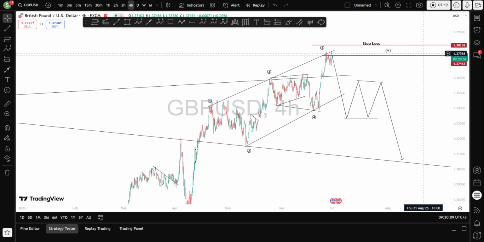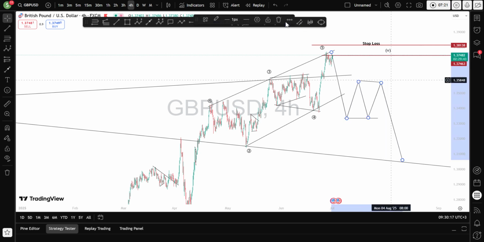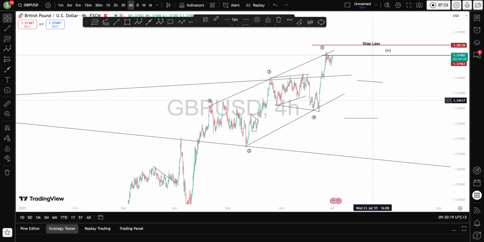So that is for GBPUSD. Let's just take a look at a bigger time frame so that you can understand where we are targeting our TP.